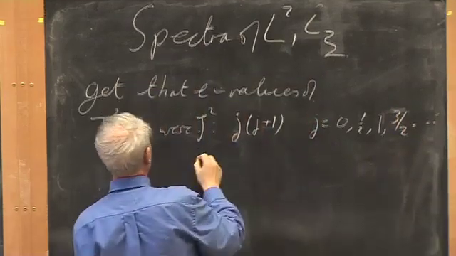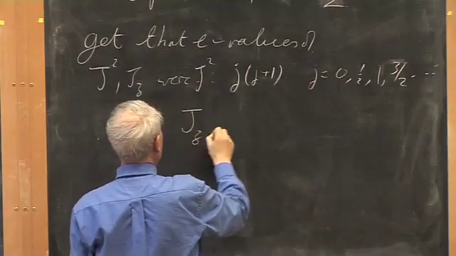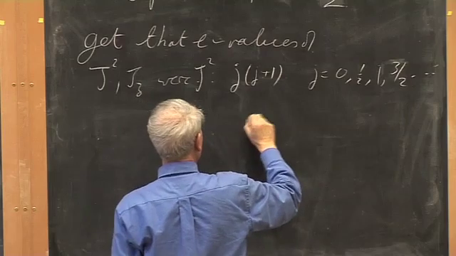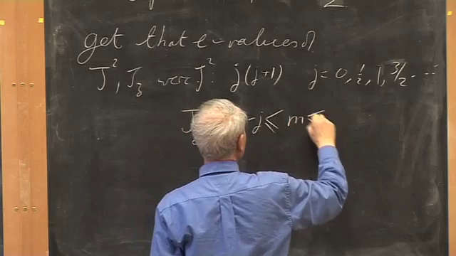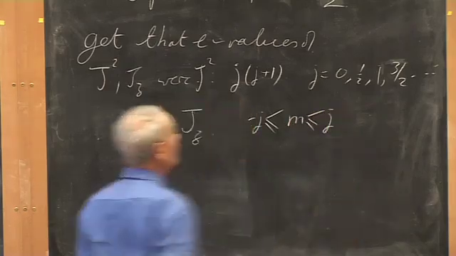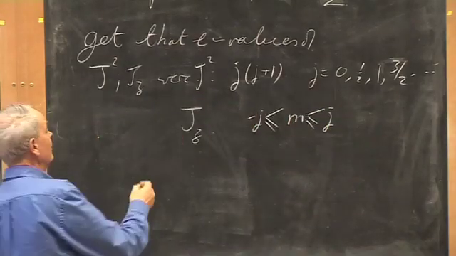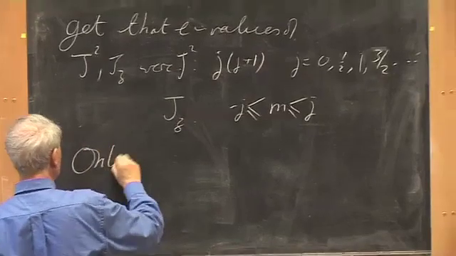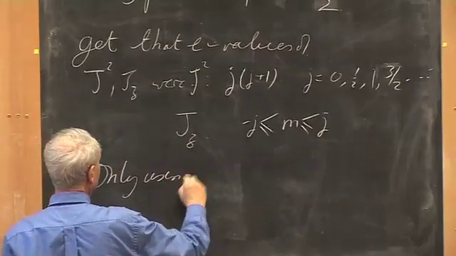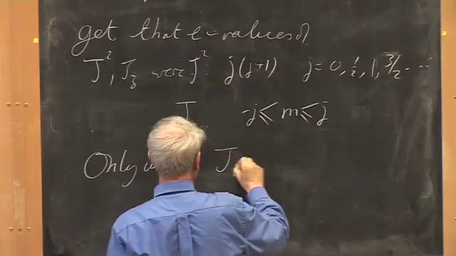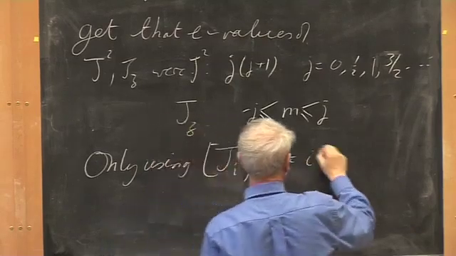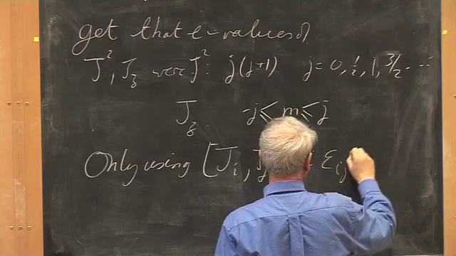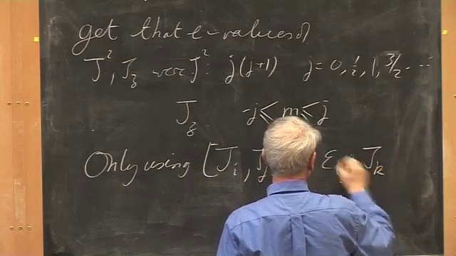And we had that Jz had eigenvalues m, which lay between minus j and plus j. And we got these results only using that [Ji, Jj] equals i epsilon ijk Jk.